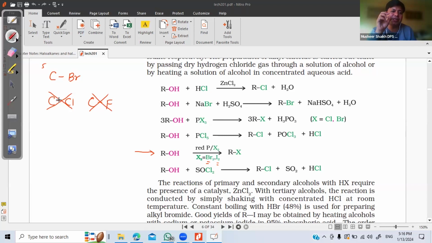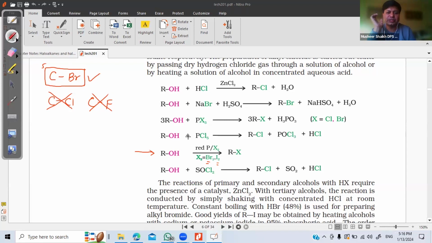There are some reactions where carbon fluorine reaction also does not work. But if you take an example of carbon and bromine, anywhere you have to show a conversion, or any explanation, any mechanism, try to give it with bromine. Because in most of the haloalkanes, the bromine actually works.